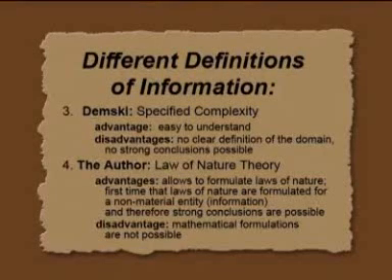Law of nature information theory advantages: it allows us to formulate laws of nature. First time that laws of nature are formulated for a non-material entity, and therefore strong conclusions are possible. The disadvantage is no mathematical formulation.